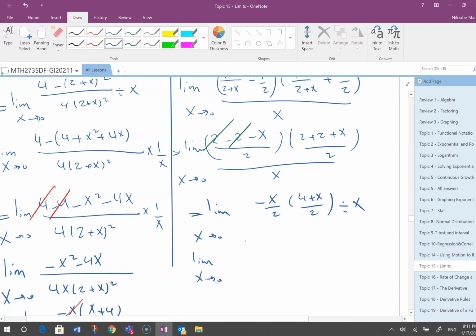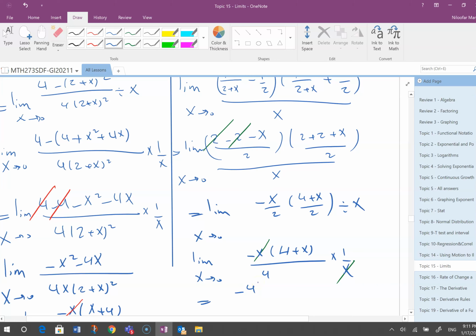If I substitute 0, it is still 0 over 0. So it is minus x times (4 plus x) divided by 4, times 1 over x. And now I can cancel x and x. Now what is the answer? The answer is minus 4.